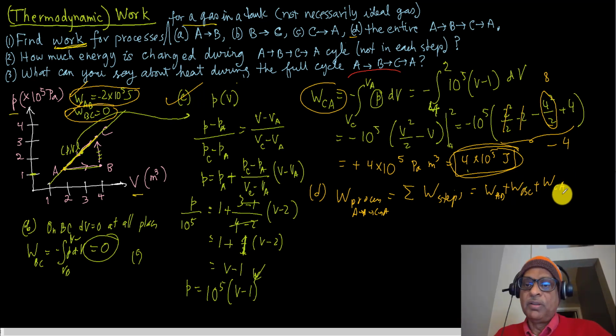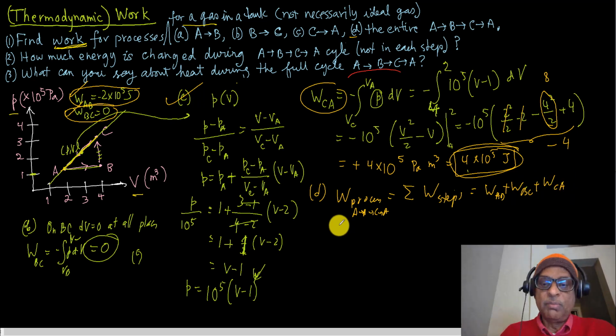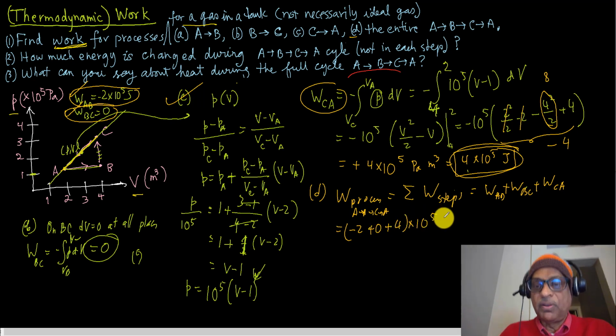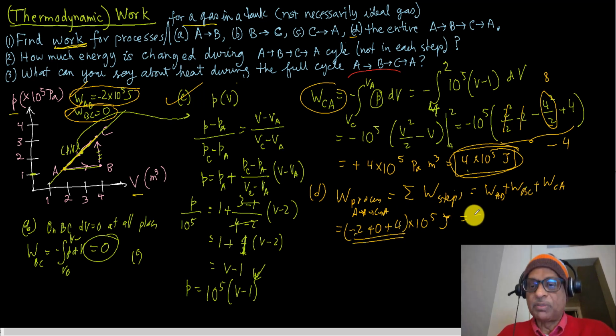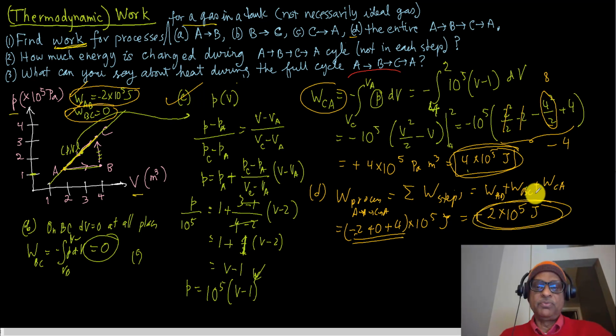So this is going to be minus 2 plus 0 plus 4 times 10 to the power 5 joules. When you add them up, it becomes plus 2 times 10 to the power 5 joules. So that's the answer for the entire thing, which means work was done on the system.